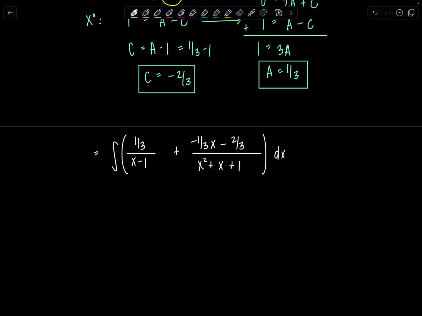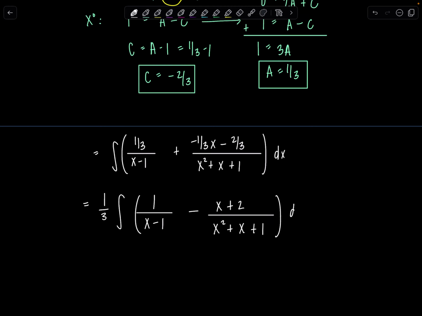I'm going to take a 1/3 out of the entire integral so we don't have so many fractions to deal with. Then I just have 1 over x minus 1. Let me take this negative out also from the next term, and then you have x plus 2 over x squared plus x plus 1 dx. How are we doing? Good? Okay, now how to proceed.